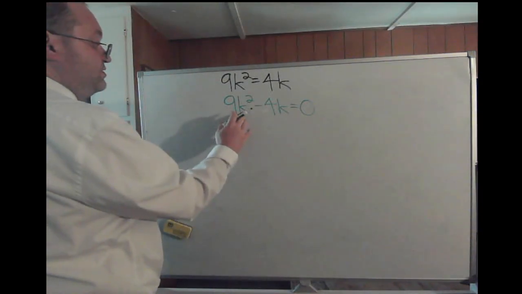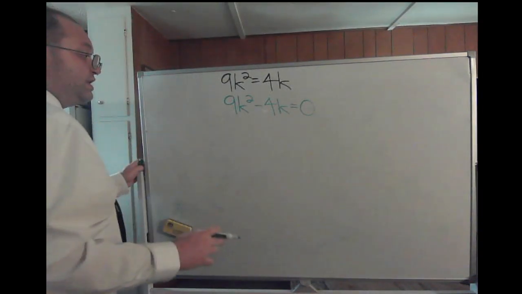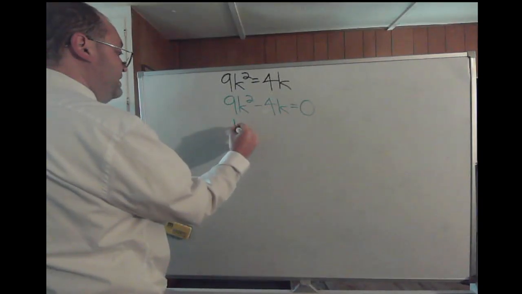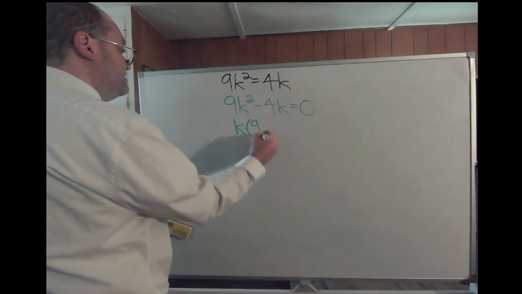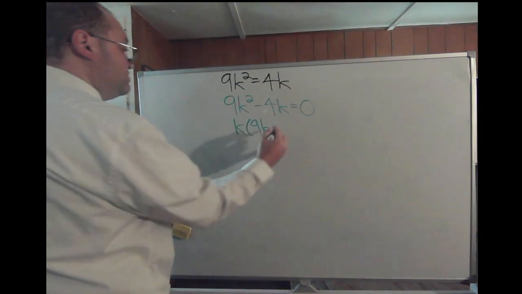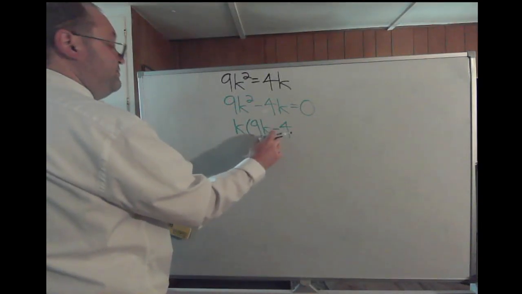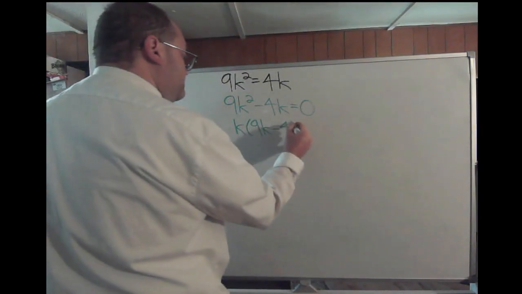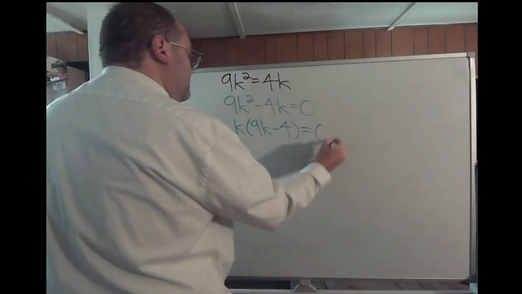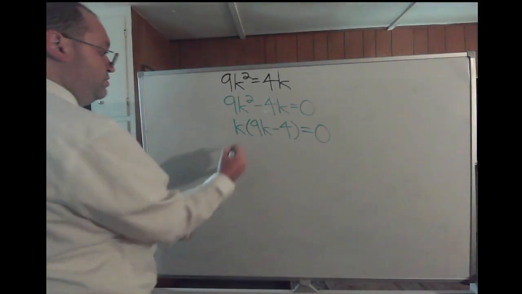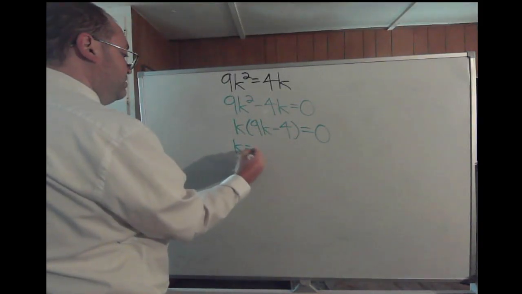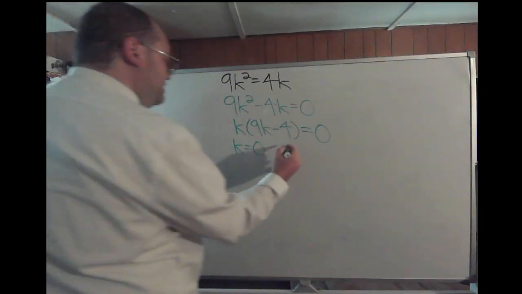Now, to factor 9k squared minus 4k, you could factor out a common k. K times 9k equals 9k squared, minus 4. K times negative 4 equals negative 4k, so those are your factors. That'd be equal to 0. Well, set your k equal to 0. That's one solution.